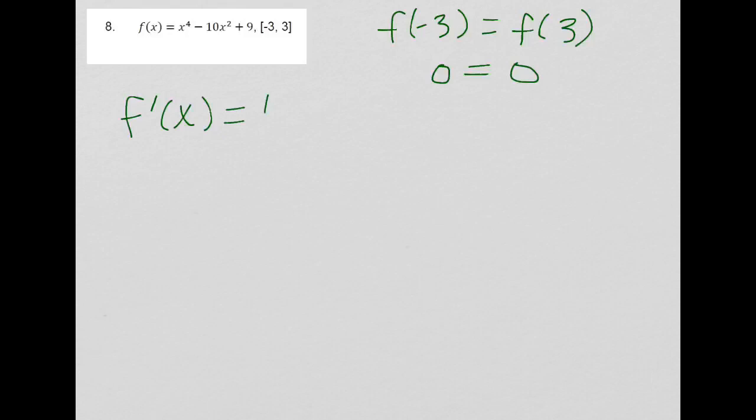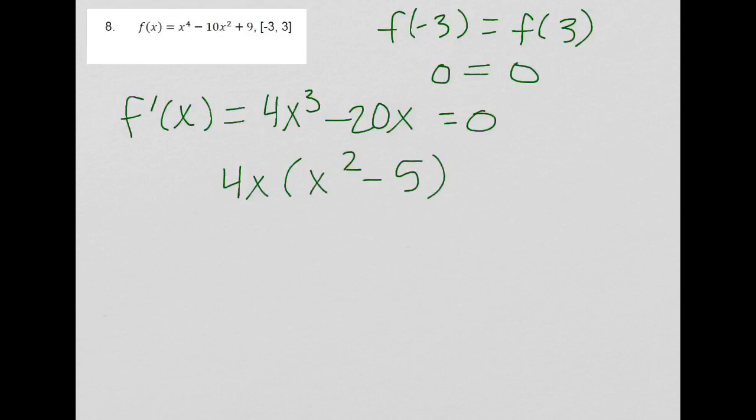So I would take a derivative, so 4x to the third minus 20x. I want to know, when does that equal 0? I would factor out a 4x and I get x squared minus 5. So it's going to be where 4x equals 0 or x squared minus 5 equals 0.